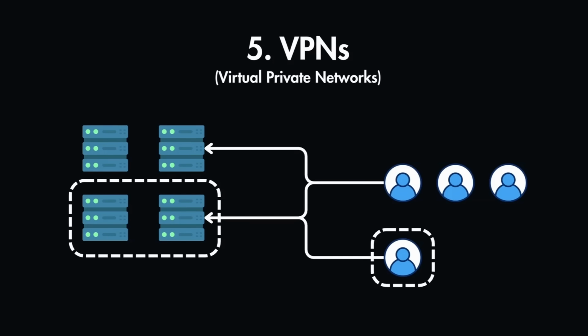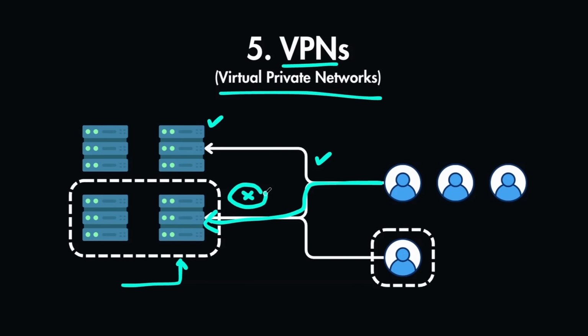Some APIs are also private and should only be accessed from specific networks. That's why we also have VPNs, which stands for Virtual Private Networks. The APIs that are within the VPN network can only be accessed by someone who is also within that same network, which means that some APIs are public facing, meaning these APIs will allow any requests from your users on the internet. But these, for example, can be within the VPN network, which means if a user from the web tries to reach your API, then this request will be blocked because the user is not within the same network.